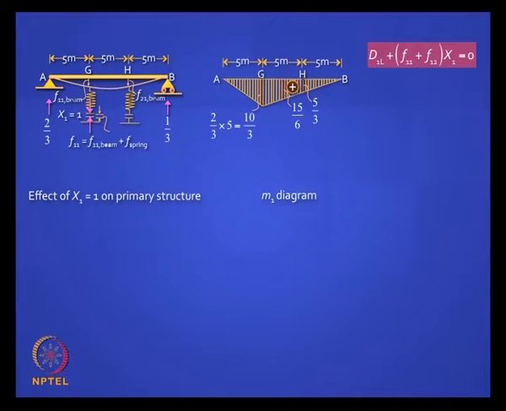Then you apply x1 equal to 1, that means you pull that spring down by x1 equal to 1, and you have a force in the spring, but you also have a bending moment in the beam, and that bending moment diagram is a linear diagram like that.